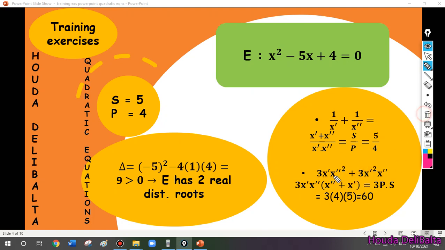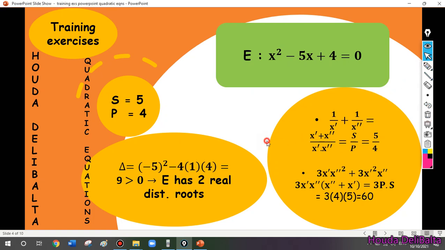So again, we get 3p, that's the product. Whenever we see x prime dot x double prime, that's the product. And here we have s, the sum, x double prime plus x prime. So we got 3ps, so 3 into 4 into 5, which is 60. That's according to the second one.